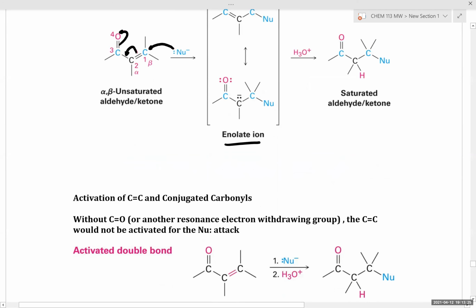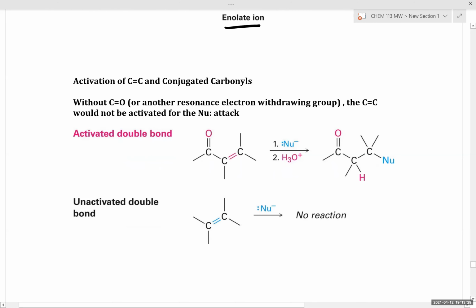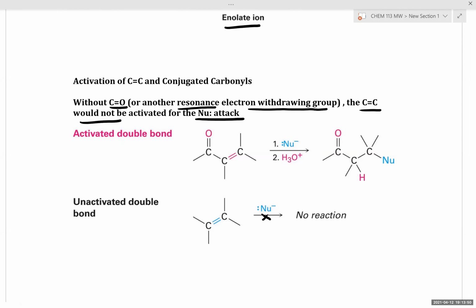Okay. Now, one thing that I'd like you to note: without a carbonyl or another resonance electron withdrawing group, the carbon-carbon double bond would not be activated for nucleophilic attack. You don't see the direct reaction of strong nucleophiles with isolated alkenes.